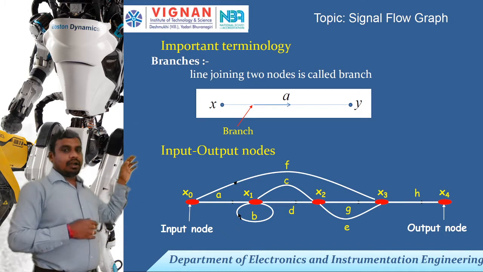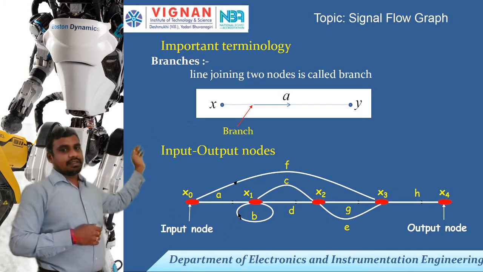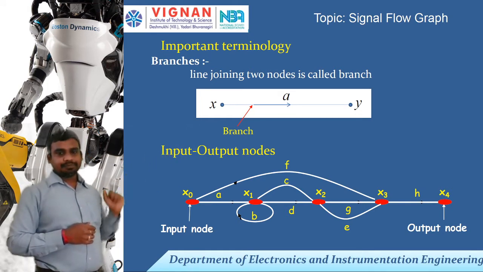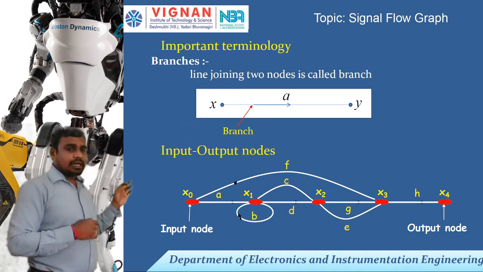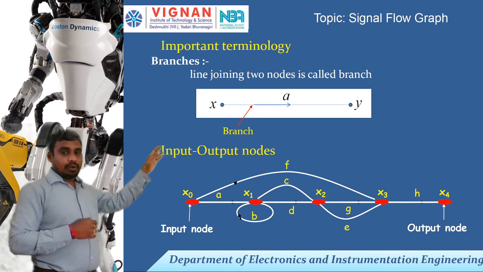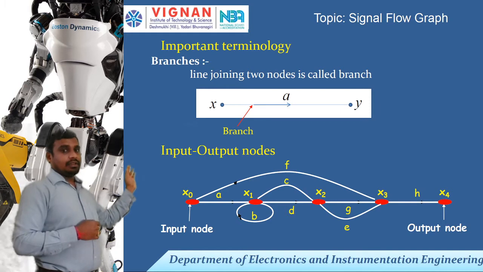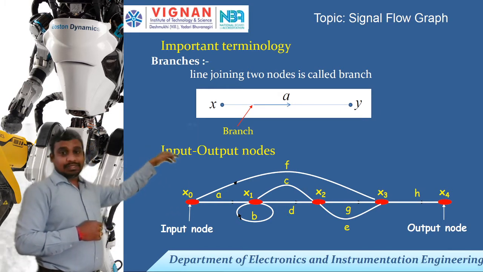Similarly, the path which I marked with the black dot has an input node and an output node. You can see the signal traveling from x1 to x3 via x2.